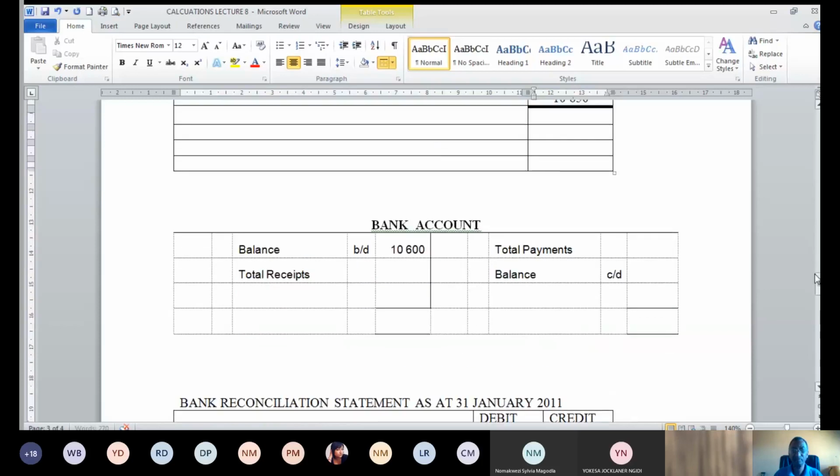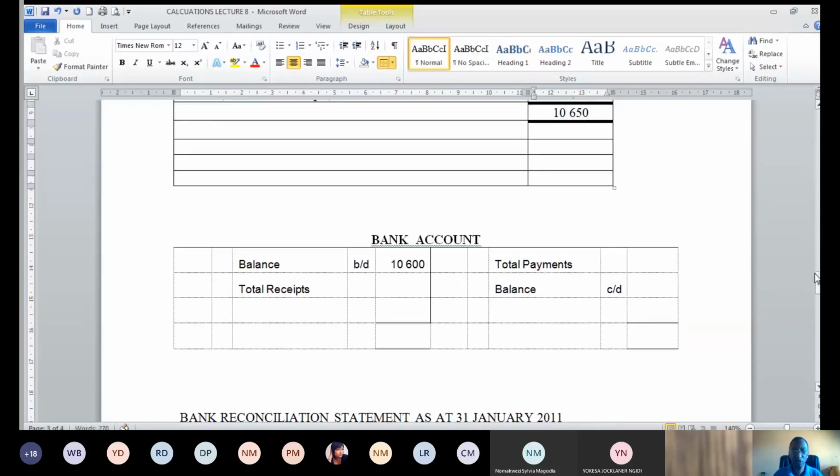You transfer that to your bank account. Your receipts from your cash receipts journal, 16,200. Your total payments is the amount of 10,650.